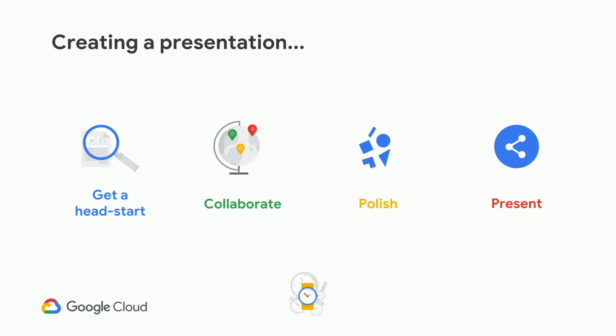But before finalizing and presenting, you want to add an extra level of polish to make your slides look on brand and professional. And finally, you share out the presentation or present it in person. While I go through this presentation, I'm going to highlight how Google Slides saves you time during each of these 4 steps.